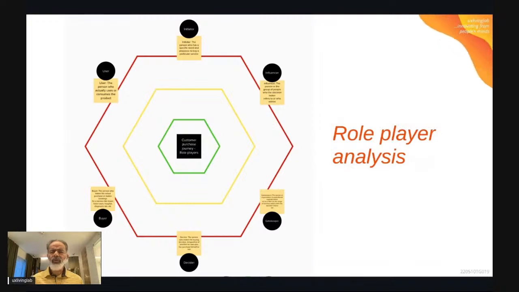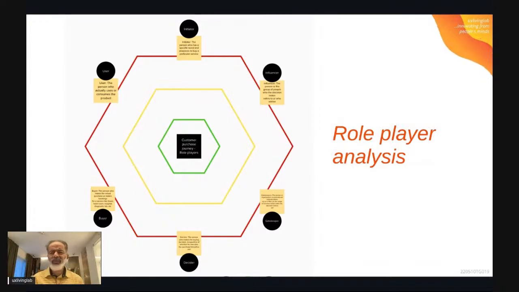If you are going to buy a laptop for your organization, the initiator may be the operations department, the influencer maybe the quality department, the gatekeeper maybe the finance department, and the user is again the operations department. So this is the way it works. Finance is handled by one person, buying by another, the influence by another, and quality is tested. So the 6 roles will be different in B2B.